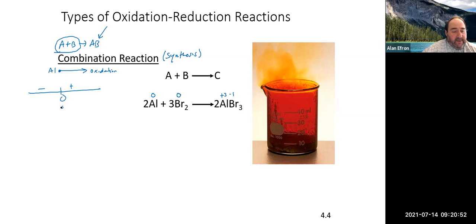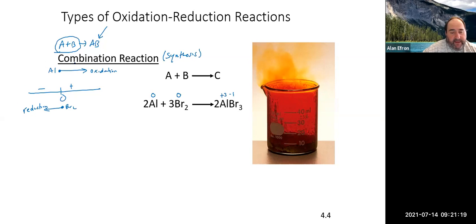Bromine is starting at 0 and ending at -1, which means it's going to the left and going through reduction. So yes, this is a redox reaction. It can also be, probably more often, classified by people as a combination or synthesis reaction. Any questions on that?